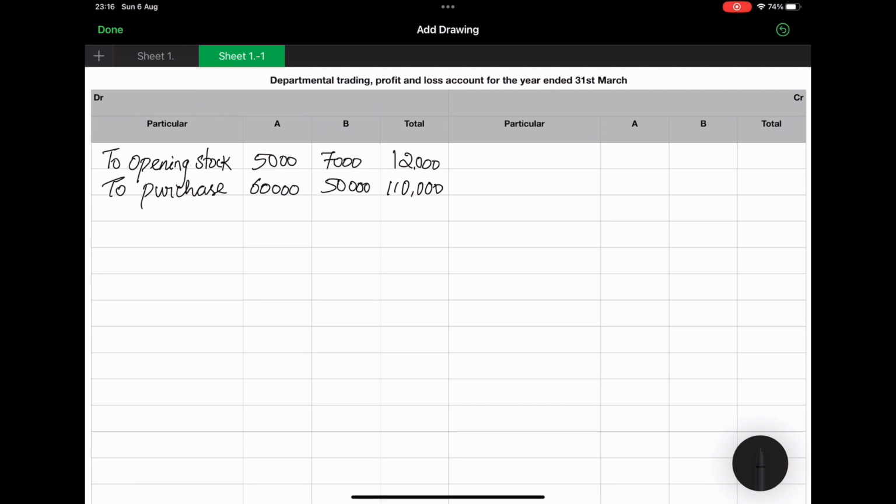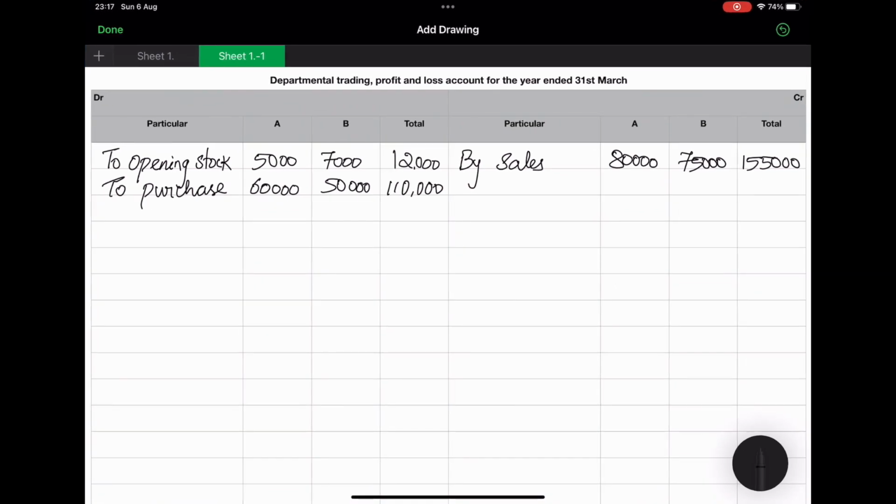Sales will be on the credit side. So how much sales have they given? 80,000 and 75,000. Total 1,55,000.